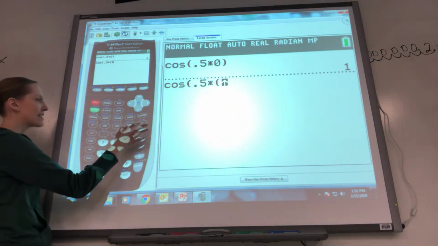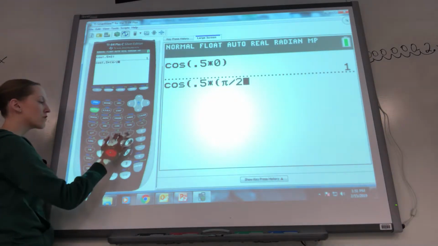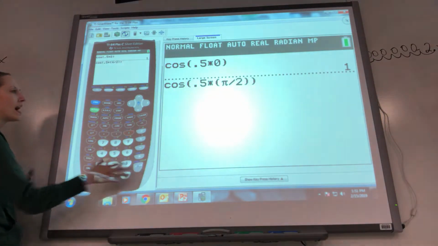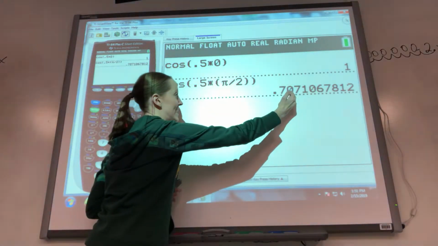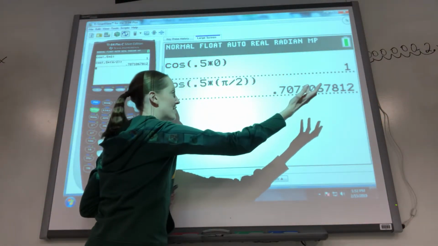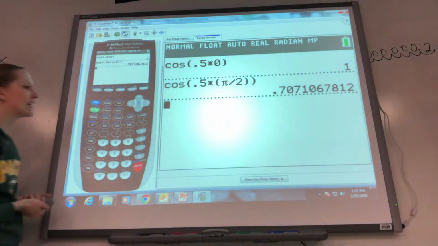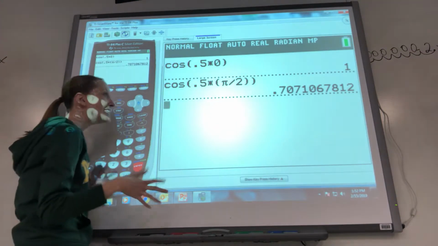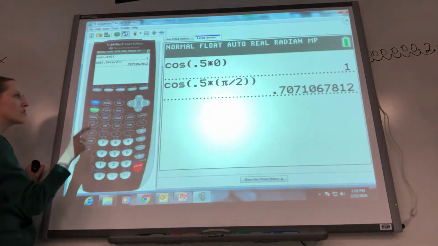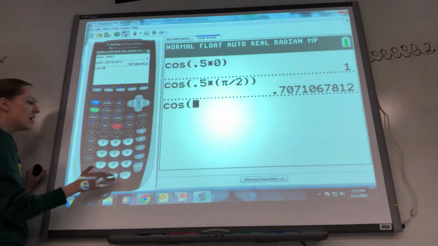Like last time, I told you I'm weird, I like to put the pi over 2 in parentheses. You probably don't have to. But that's not as nice as the others. 1 or 2 decimal places is fine. I think I just rounded that to 0.71. So, okay, that's not real great. But let me keep going.